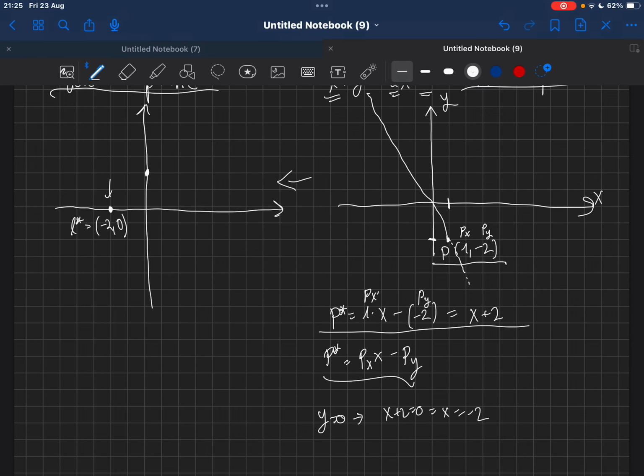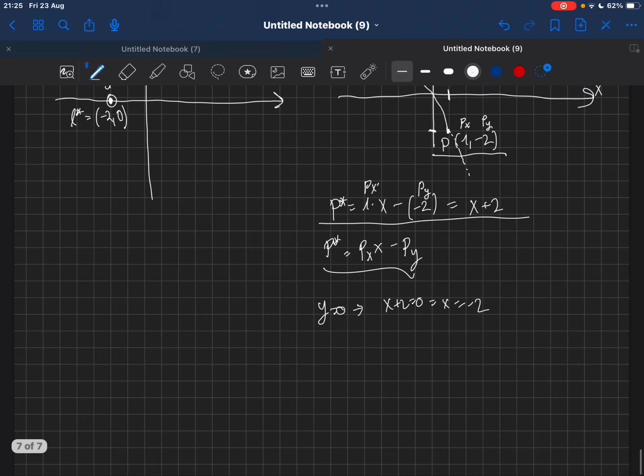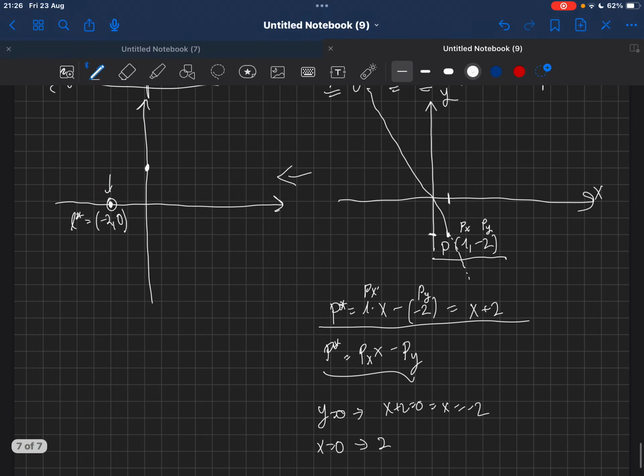So this would be the intersection point here, where the L tag is. And for x equals 0, I get 2, so I also have an intersection at 0, 2. So the line would be like this one.